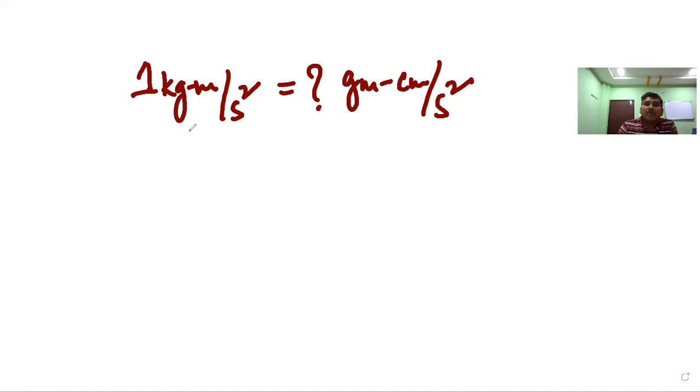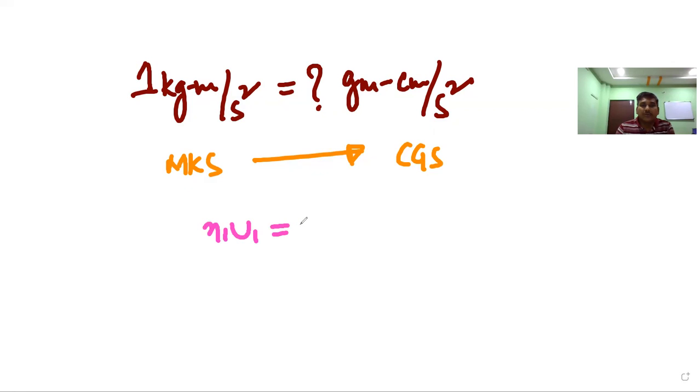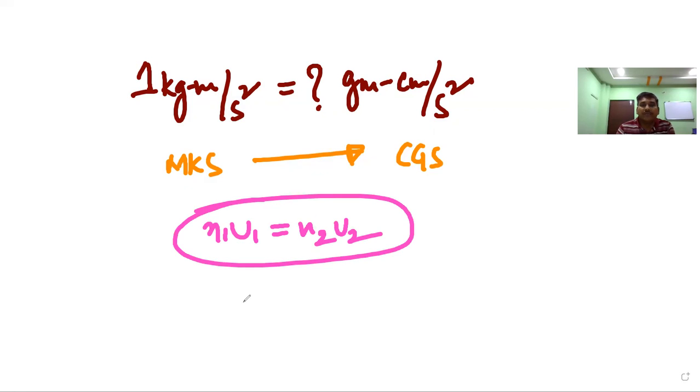So I want to convert MKS into the CGS. What is the general formula we have? We have N1 U1 is equal to N2 U2. This is the formula we have.